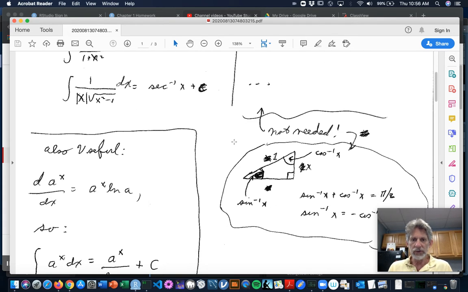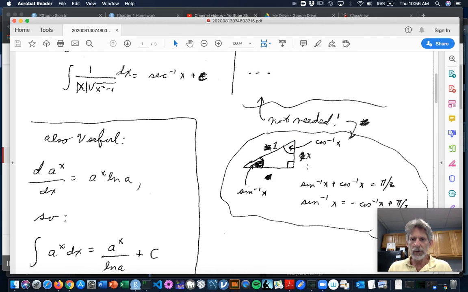If you look at a right triangle, and if you set up one side to be x like this, and you set up the hypotenuse to be a 1, then this angle right here is an angle whose sine is x. So I'm going to call it sine inverse x. And this angle right here, that would be an angle whose cosine is x, because cosine is adjacent over hypotenuse.